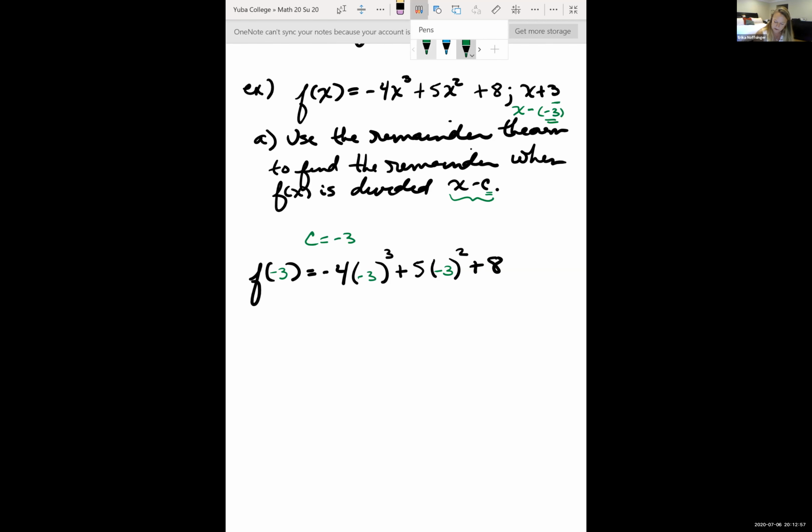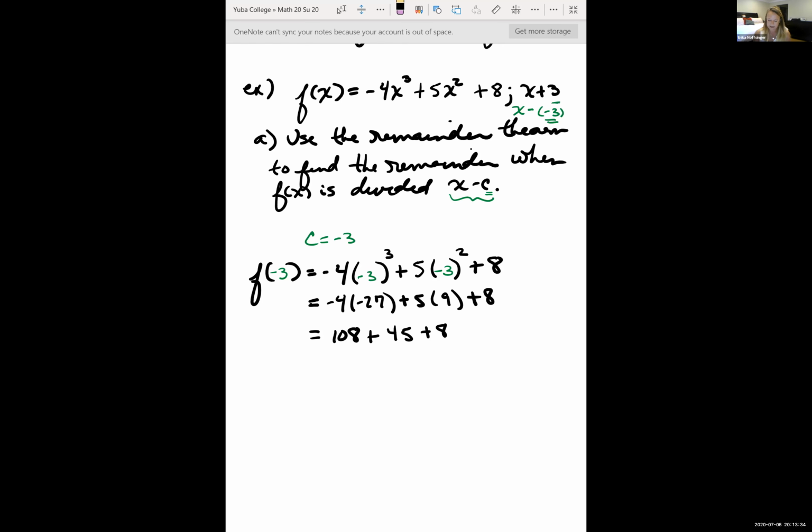Okay, so this is equal to, well, negative 3 cubed is negative 27 times this negative 4 out front. So negative 4 times negative 27 plus 5, and then squaring negative 3, that gives me 9, plus 8. So order of operations, you first do exponents before multiplication. So negative 4 times negative 27 is 108, plus 5 times 9, which is 45, plus 8.